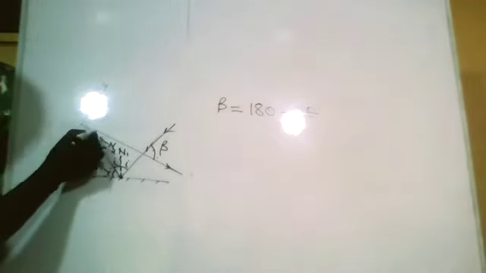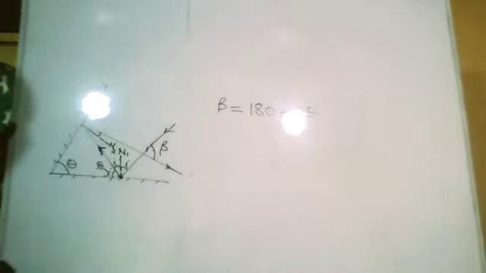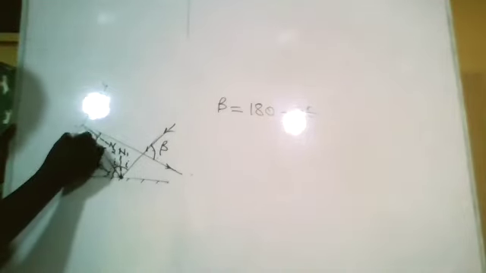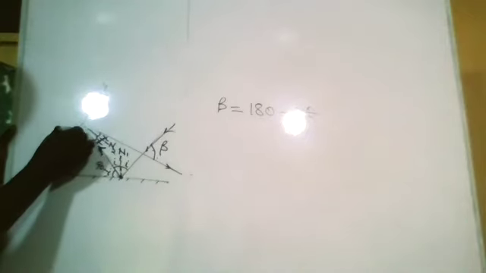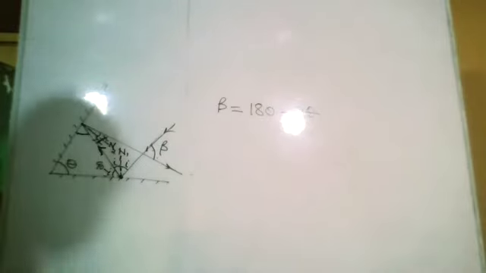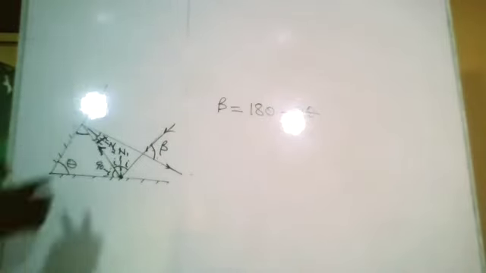Let's assume here the angle of incidence is X. Angle of reflection is also X. What will be this angle? Quick one. If this is X, it's the same thing here. 90 minus X.